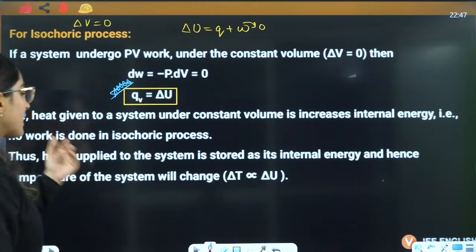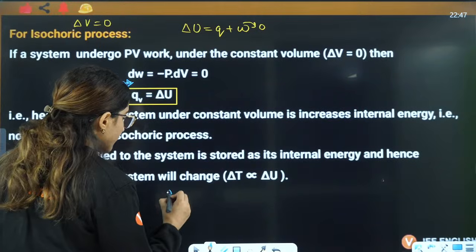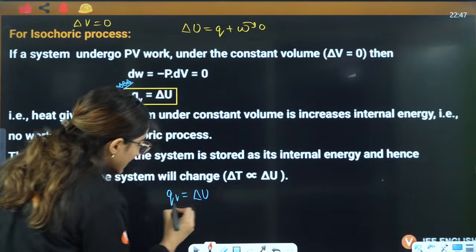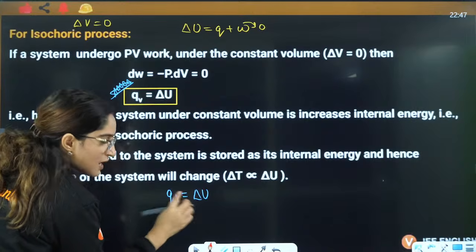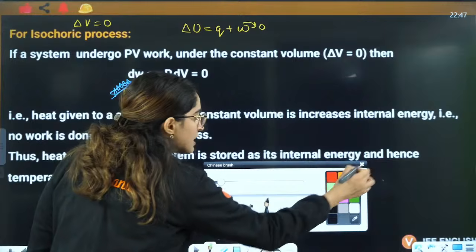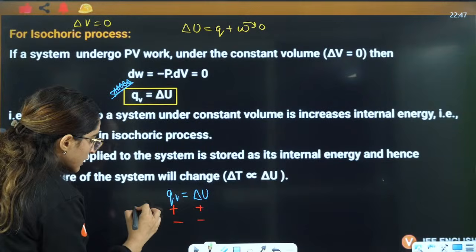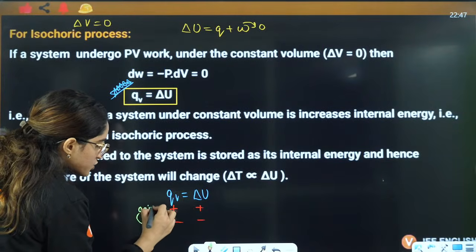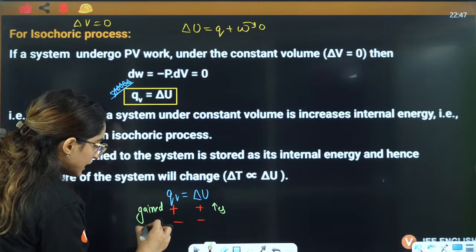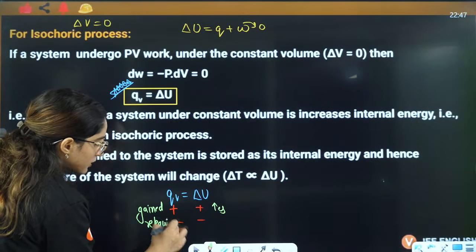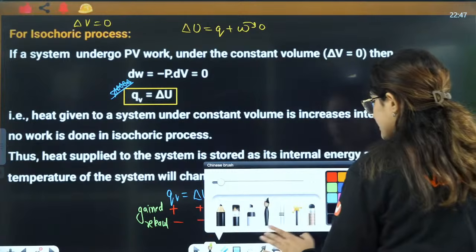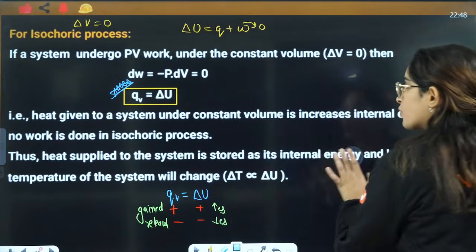Here you must know that Q is equal to delta U. If this is positive, because there is no negative term here, this is also positive; if this is negative, this is also negative. That means if heat is gained or absorbed, internal energy is increasing. If heat is released, internal energy is decreasing. You can see this over here.